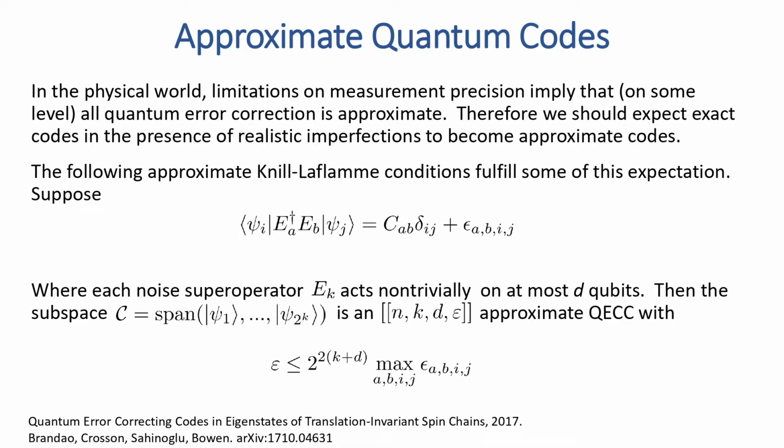One drawback of using this condition is that the bound we get on epsilon is exponentially bad in the number of encoded qubits and the distance of the code. The reason is that in this version of a sufficient condition to be an approximate code, we're really only constraining the basis code words.